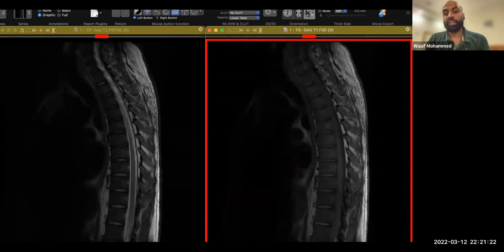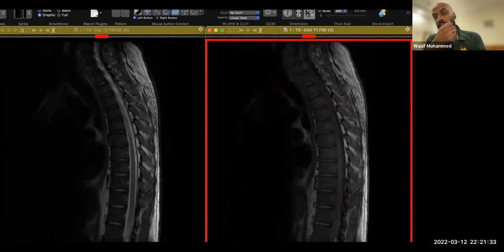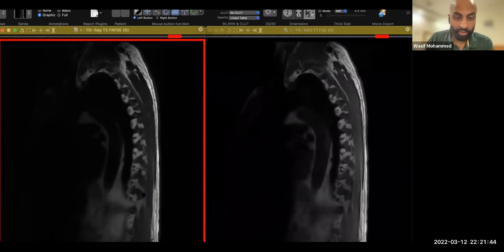And in cases where the vertebral signal appears higher, then there's a diffuse abnormality. It can be proliferative. It can be bone marrow replacement or bone marrow conversion. So you have to give a couple of differentials for bone marrow replacement. And when you're thinking those differentials, you need to also give some pertinent negatives.